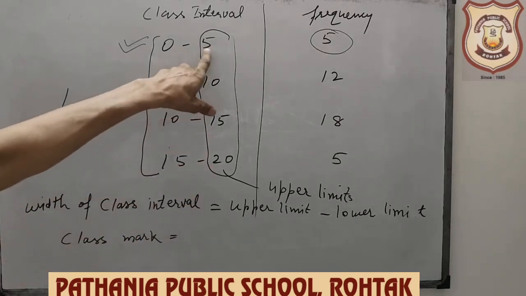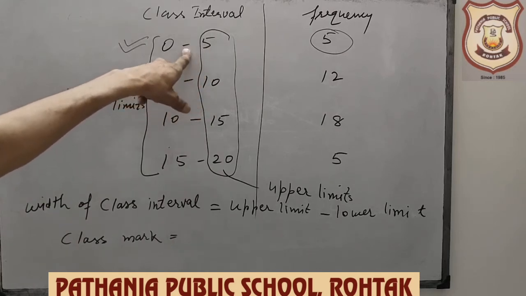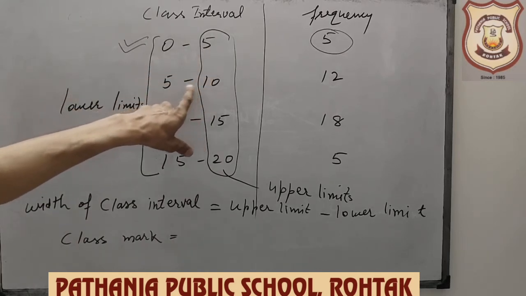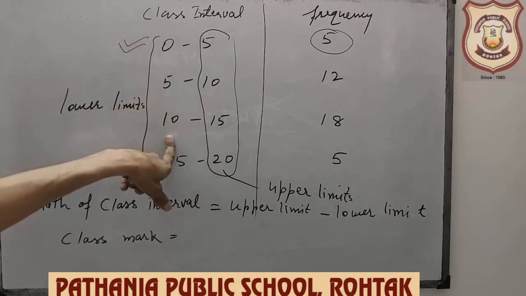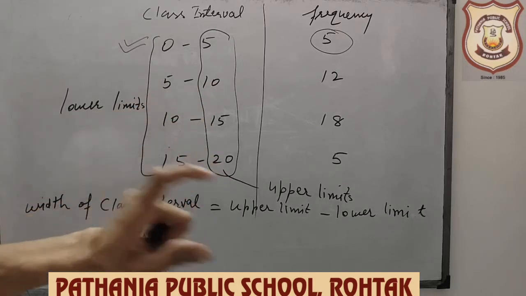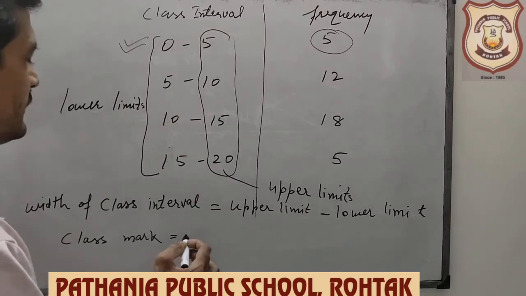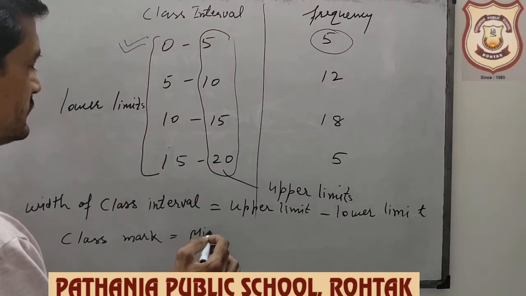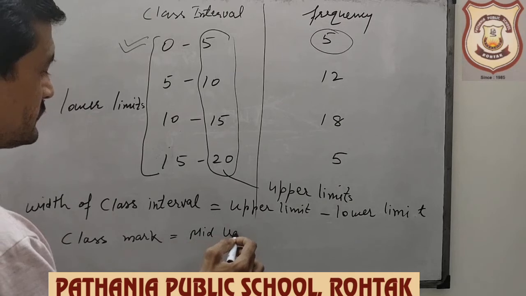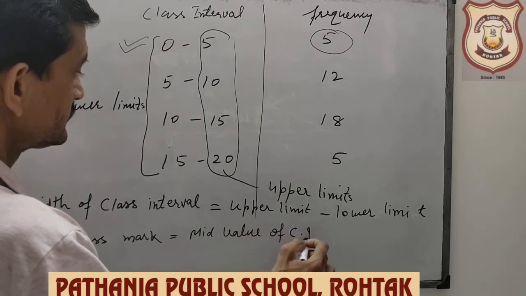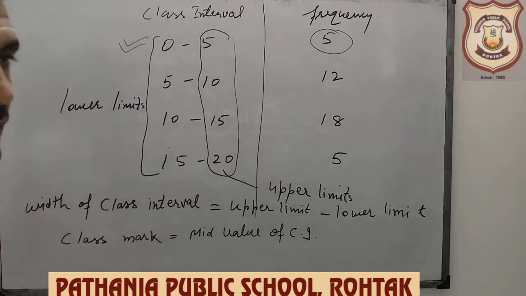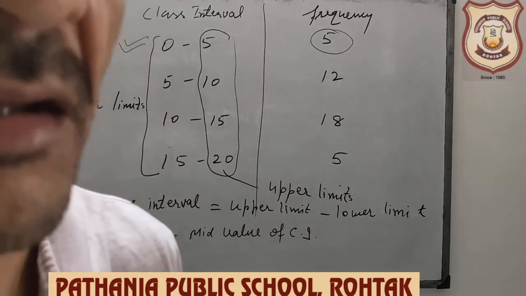Just like the mid value of 0 to 5, the mid value of 5 to 10, the mid value of 10 to 15. The mid value of the class interval is known as class mark.